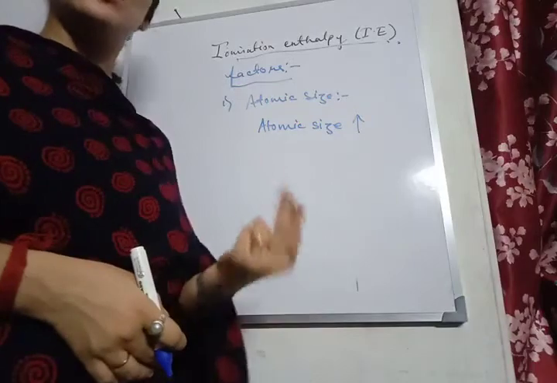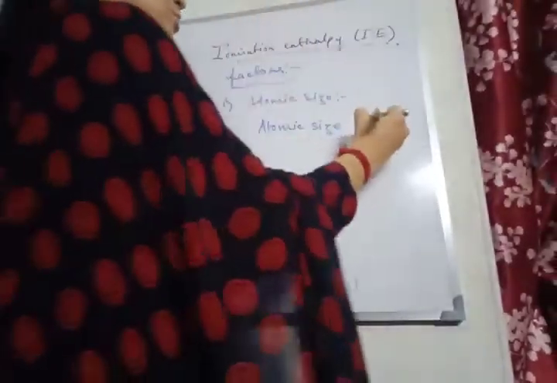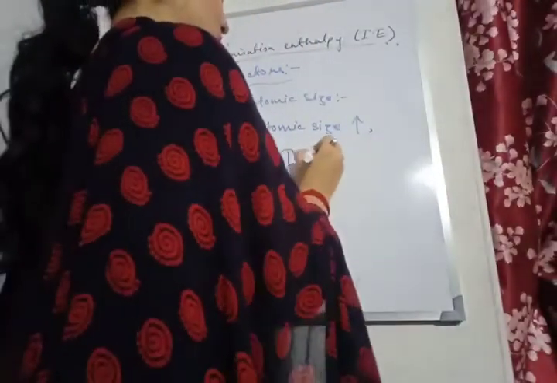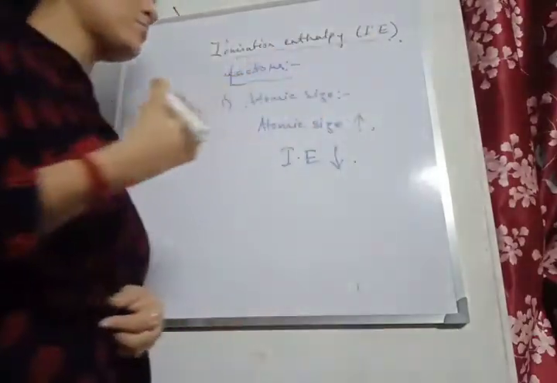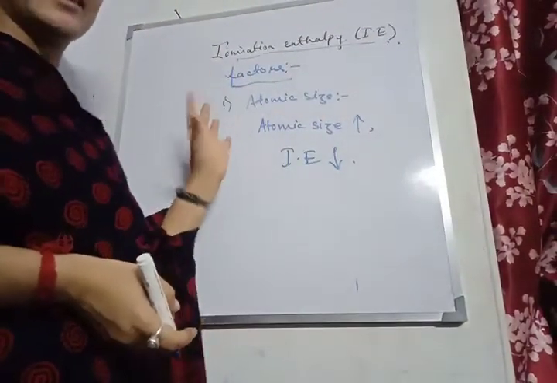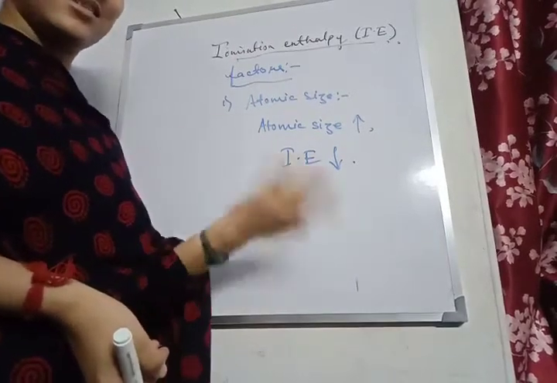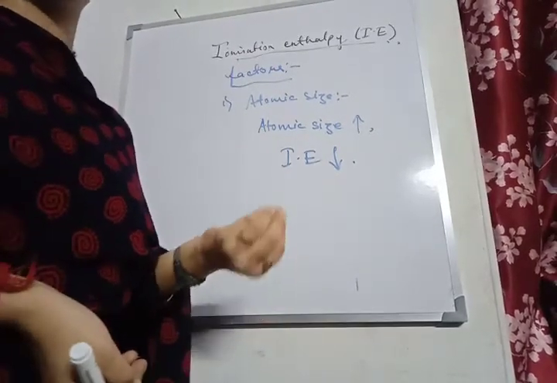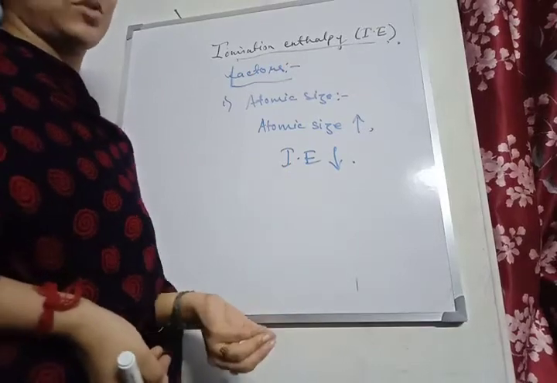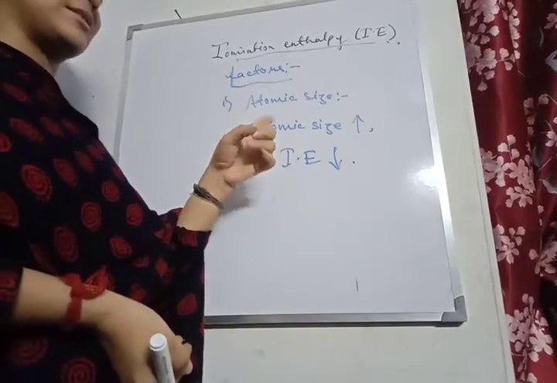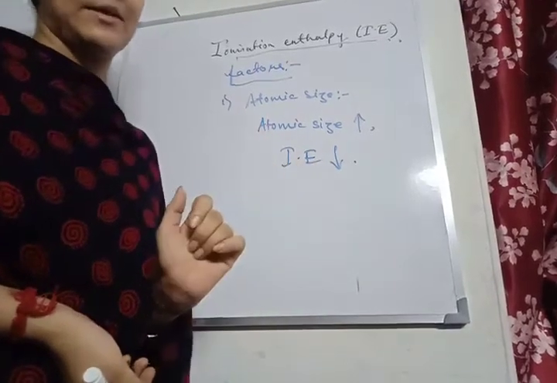With increase in atomic size, the distance between the nucleus and the outermost shell is more, so the nuclear pull is lesser and the ionization energy will be lesser. Greater the atomic size, greater the distance between the nucleus and the valence shell. As a result, less energy is required to remove the electron from the valence shell. So with increase in atomic size, ionization energy decreases.